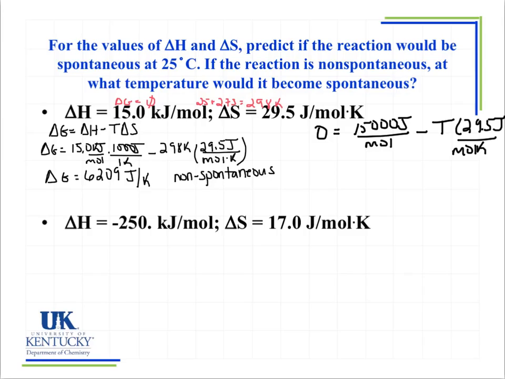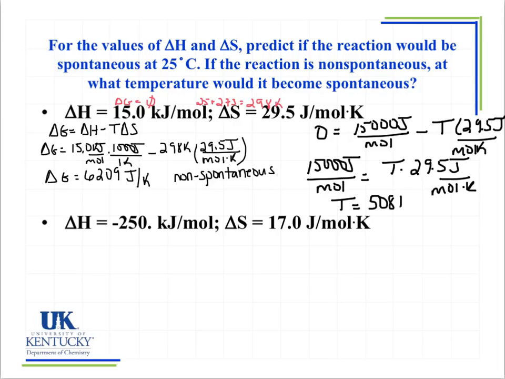And when I rearrange that, I end up with 15,000 joules per mole equals T times 29.5 joules per mole Kelvin. And when I solve that, I end up with a temperature equal to 508 Kelvin. And if I subtract 273 from that, I get 235 degrees Celsius.